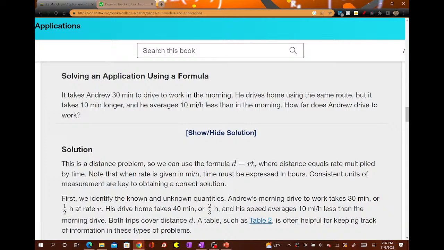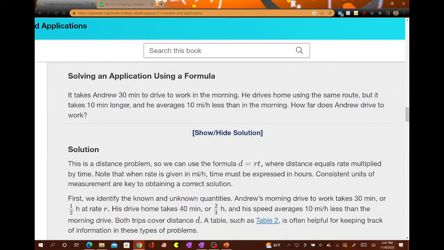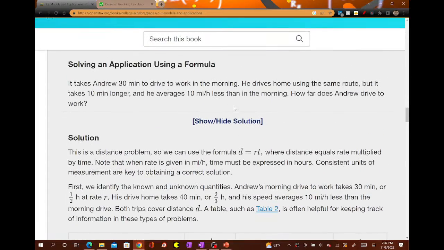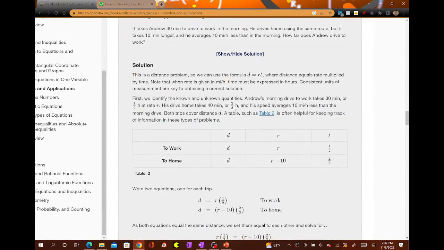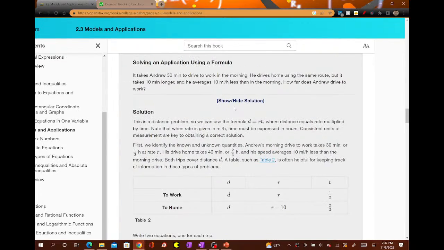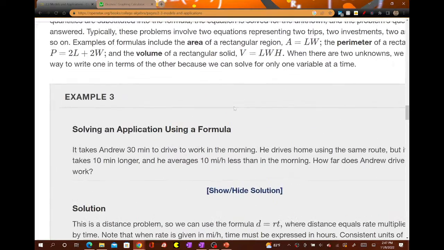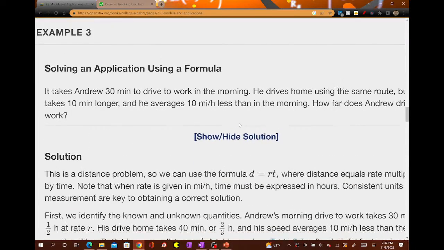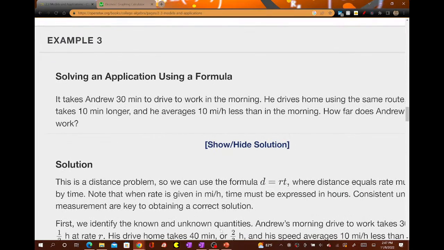So the distance is the rate times time. Distance equals rate times time.